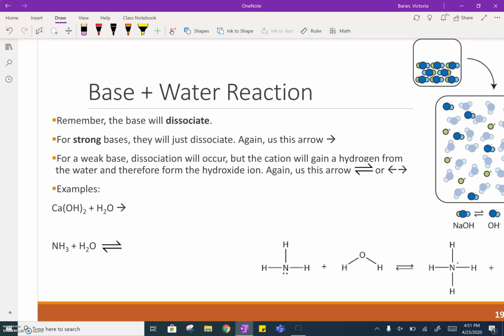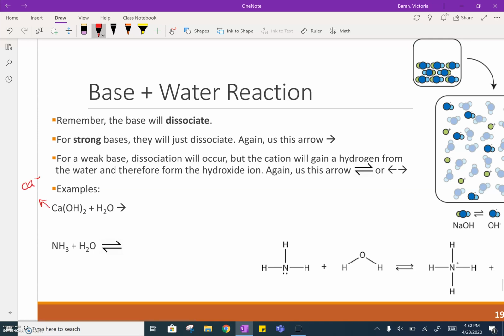These two will differ a little in terms of the strong versus the weak base. So for the first one, your strong base, again, we know this because of that arrow, and also this is a metal hydroxide. So these are really straightforward. All you're going to do is dissociate this.